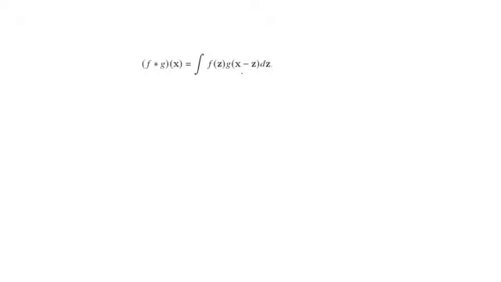Suppose the objects are discrete in this case. This integral turns into a sum, and this is what we get. Now suppose instead of vectors we are considering two-dimensional tensors. We will have the corresponding sum with indices a, b for f, and i minus a and j minus b for g. So you have a double summation, since there are two dimensions to this tensor, along a and b.